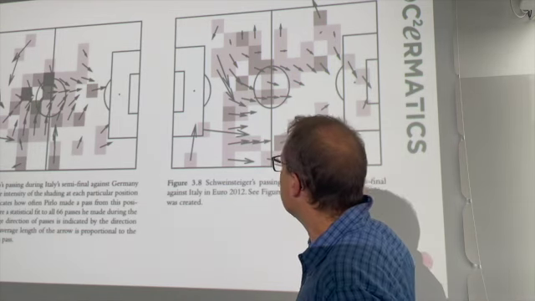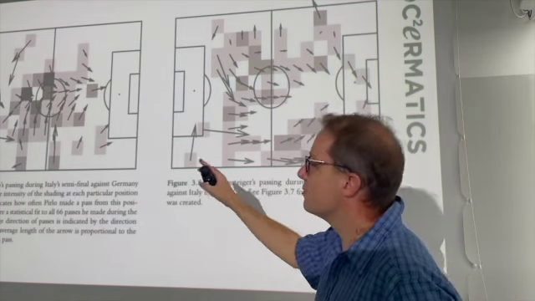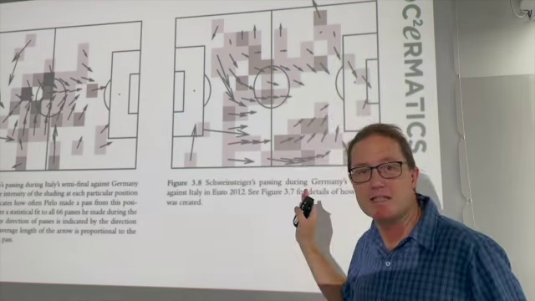What we can compare here gets at the personality of the players, or the style of play of the players. If we compare it with Schweinsteiger, he's everywhere. While Pirlo is very centralized in the middle, Schweinsteiger, who's playing in pretty much the same kind of central midfield role, is moving everywhere over the pitch.